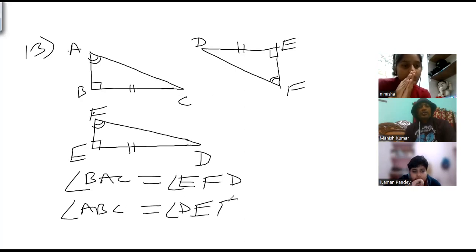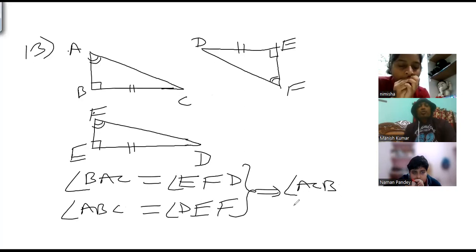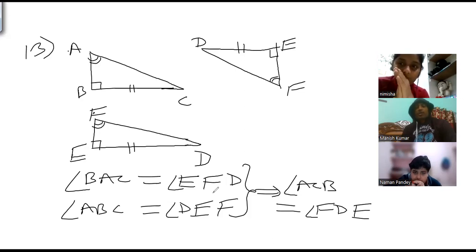Is it right? These both imply that angle ACB will be equal to angle FDE. Why? Because the sum of the angles of a triangle is always 180 degrees. If two angles are equal, then the third will also be equal. Here you can write by angle sum property.